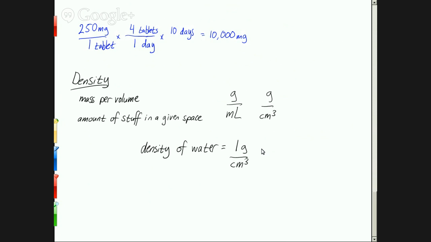So something that is more dense than water, what do you think might be more dense than water? An ice cube? How do you know it's more dense than water? Because it freezes? Okay. So if you put an ice cube in water, does it go below the water or above the water? Sometimes.